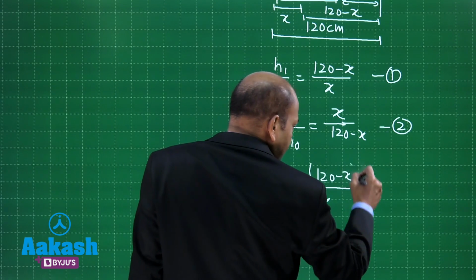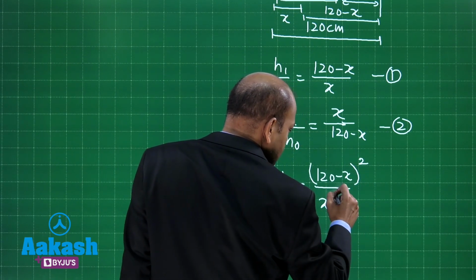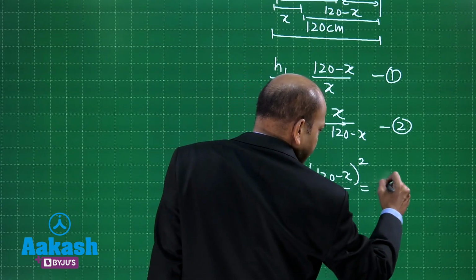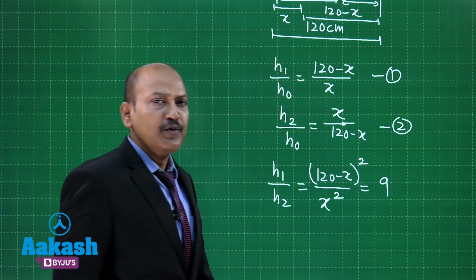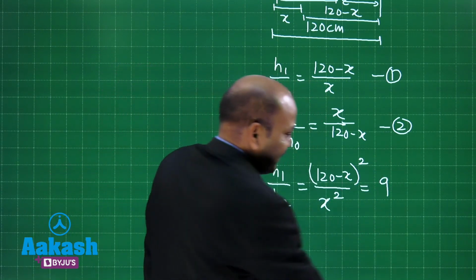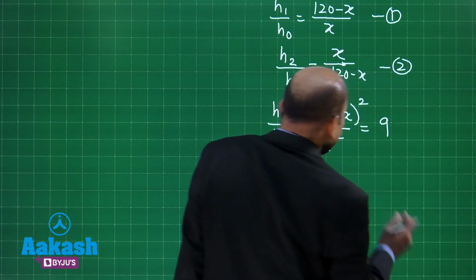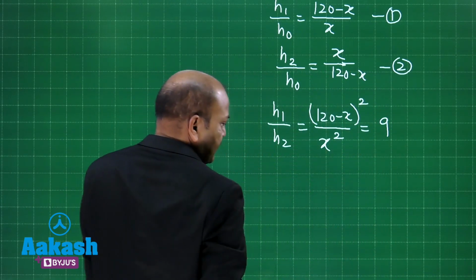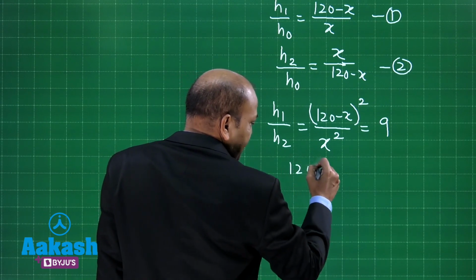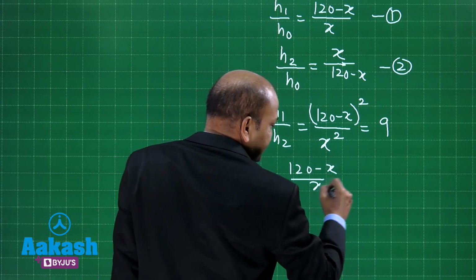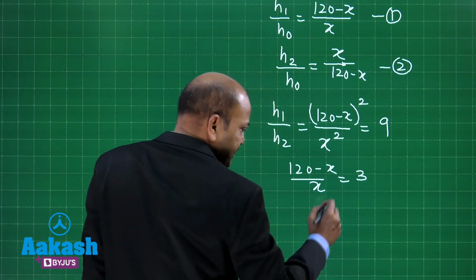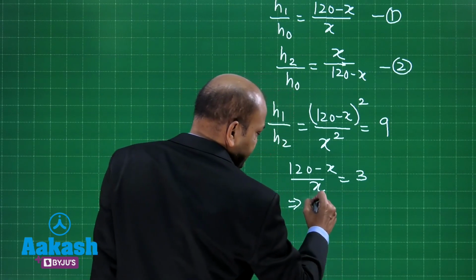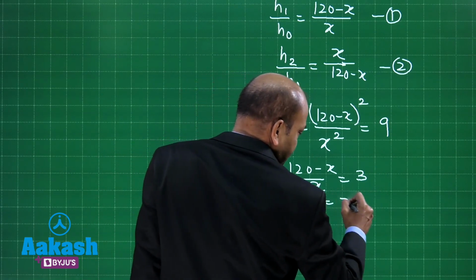That means this is going to be 120 minus x the whole square by x square, and according to the question this value is 9. Now, we can easily find the value of x. We can take square root of both the sides, and 120 minus x by x is coming out as 3, which means the value of x itself is 30 centimeter.